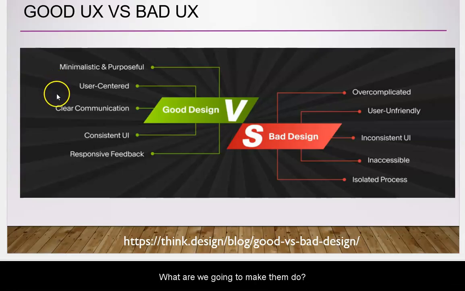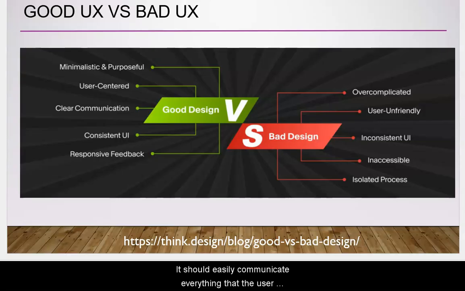What are we going to make them do? It should easily communicate everything that the user needs, and it should be consistent, and it should be positive or responsive in feedback, right? And bad design is overly complicated. It's difficult, challenging to navigate. Things don't work the same way throughout the whole entire thing, and all of that.